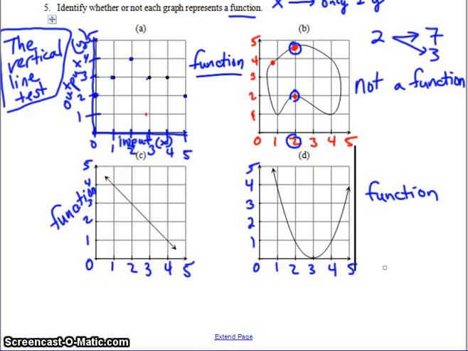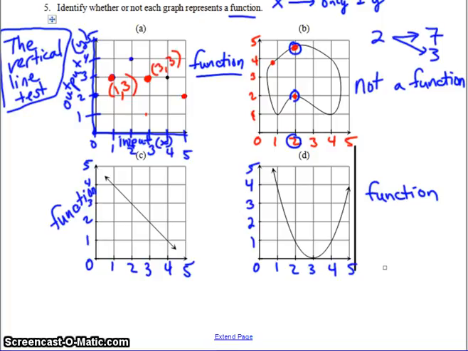So if I look at A, the ordered pair for 1 point, and we'll do this in red, the input for this point is 1, the output is 3. The input for this point here is 3, the output is 3.